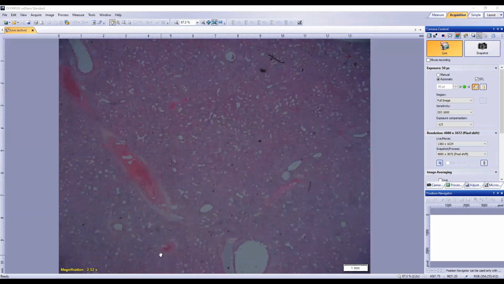But karyorrhectic debris as well, I like to use that one. Yeah, so intralesional cocci, we'll come back to that because that's one of our specific confirmatory descriptors. So we've described our way through our central pink mess of material in our abscess. Then that's going to be surrounded by what?